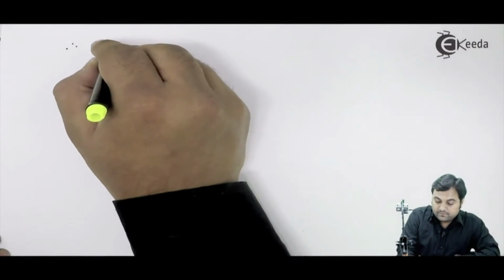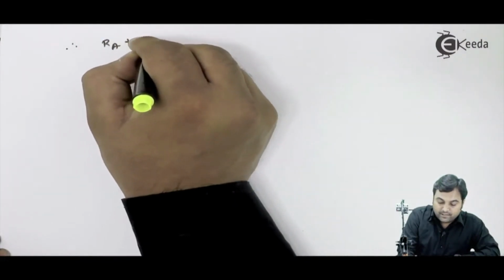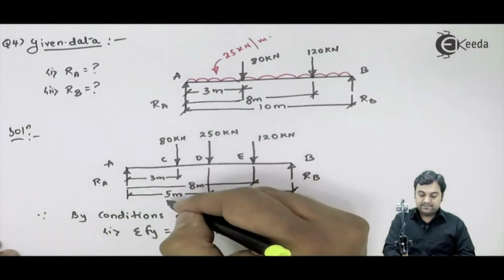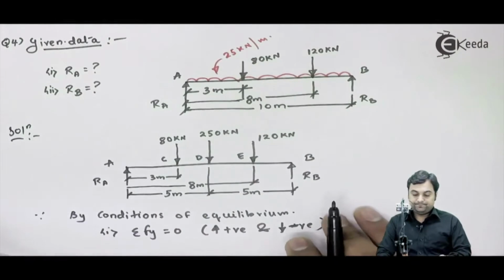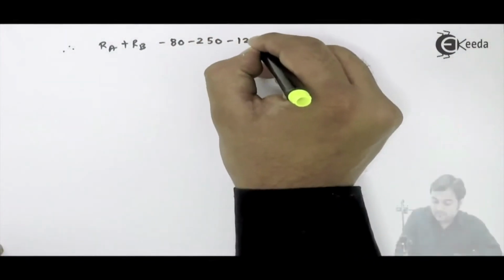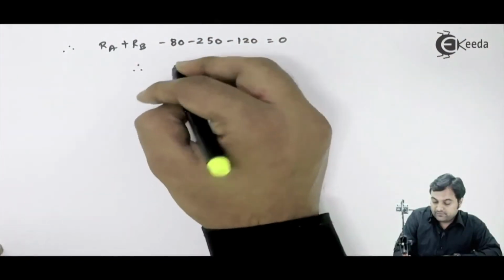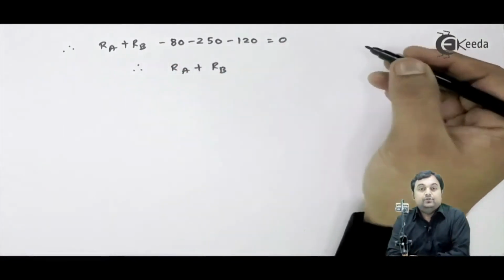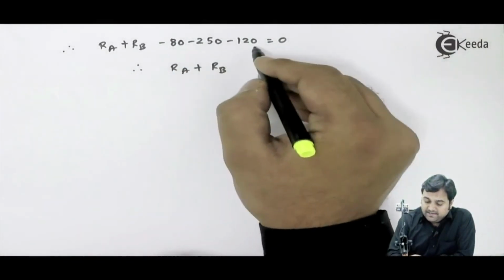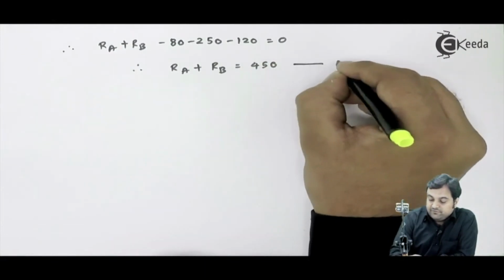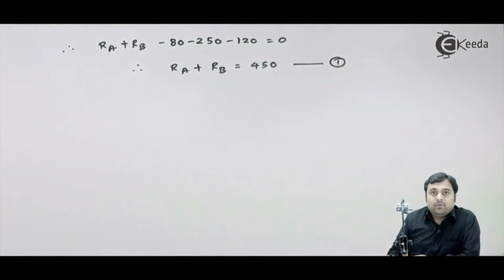Hence, Ra plus Rb, because both are upward, minus 80 minus 250 and minus 120, all are downwards. That's equal to 0. Therefore, Ra plus Rb, this value comes out to be minus 450. If I shift it onto the other side, that becomes plus 450, and this is my equation number 1.